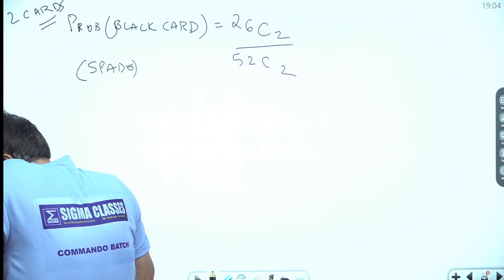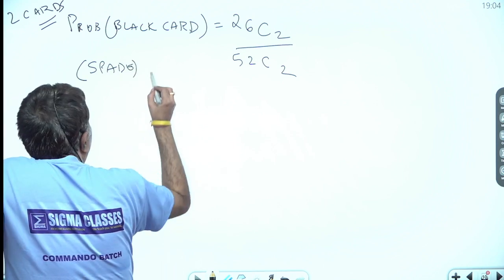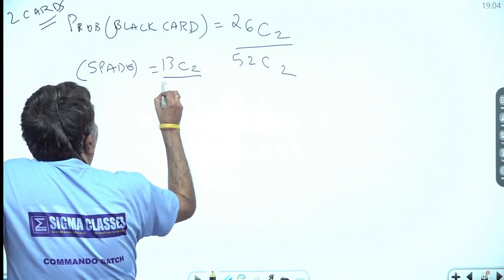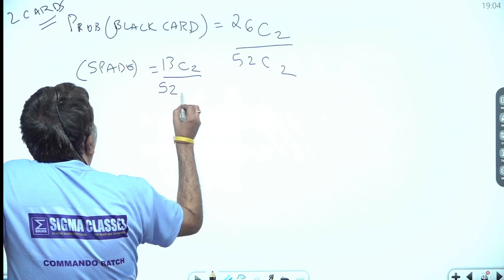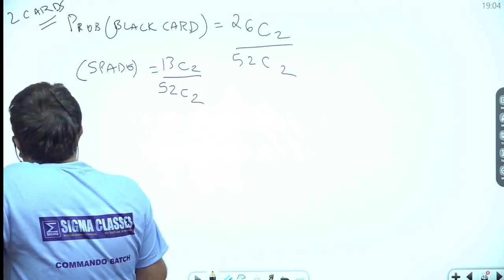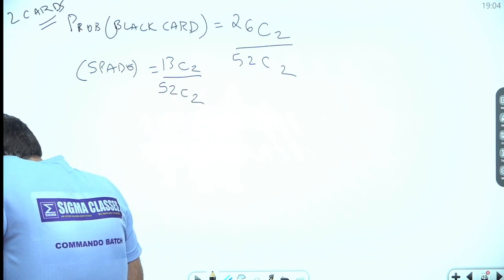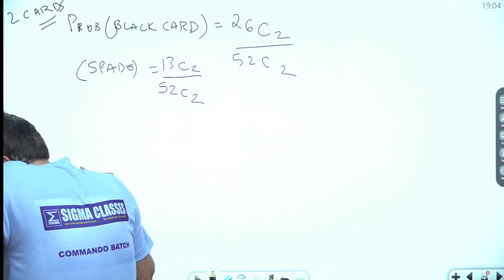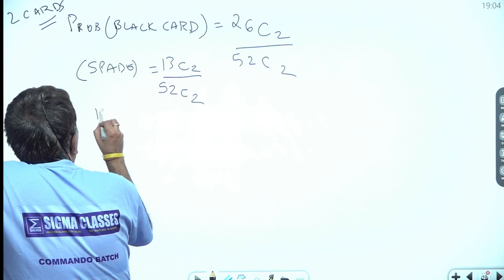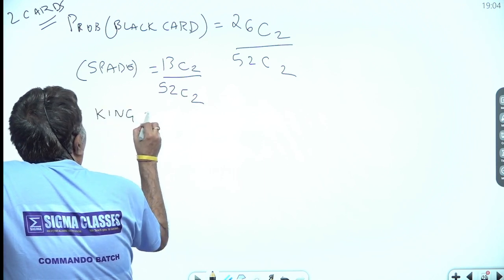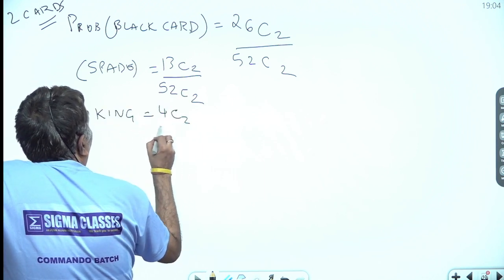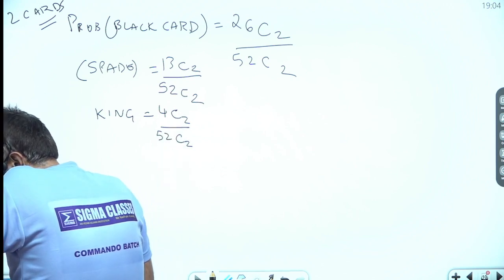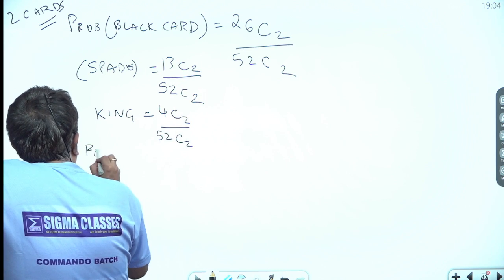spade? 13C2 divided by 52C2. Similarly, a diamond card or a king or a face card.